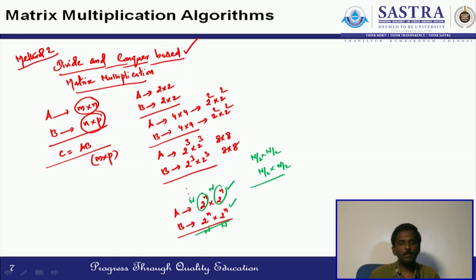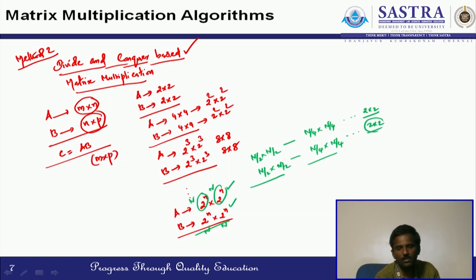If not, n by 2 is further subdivided by 2 to give n by 4 into n by 4, and B is also subdivided further. This is continued until the last submatrix is of order 2 by 2. Once the subproblem size is 2 by 2, we can directly find the solution by applying the conventional matrix multiplication method. This is the logic of divide and conquer based matrix multiplication.